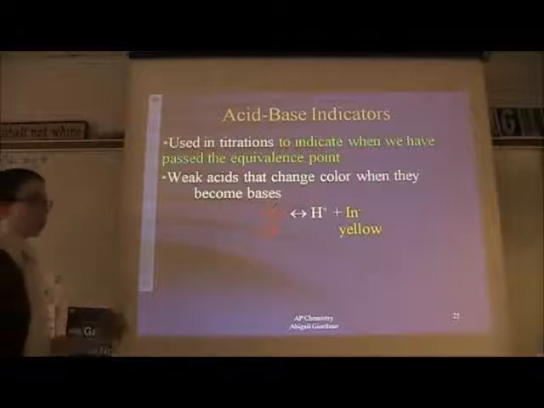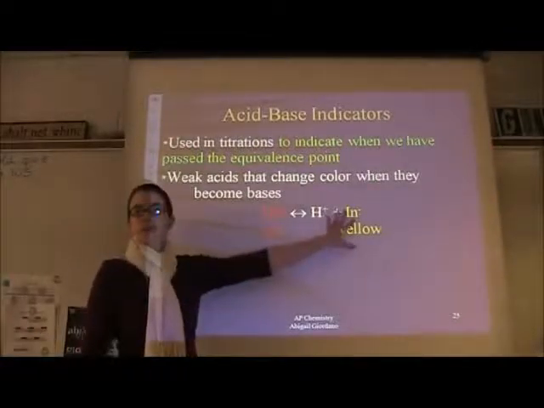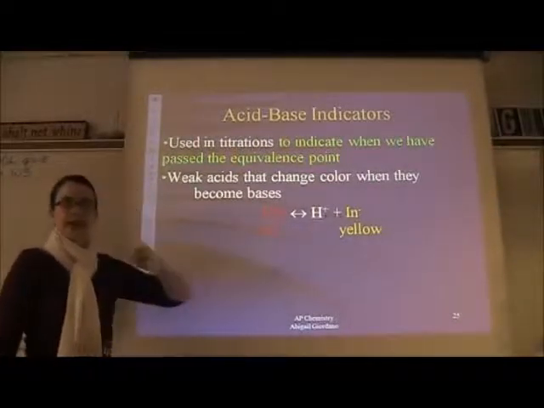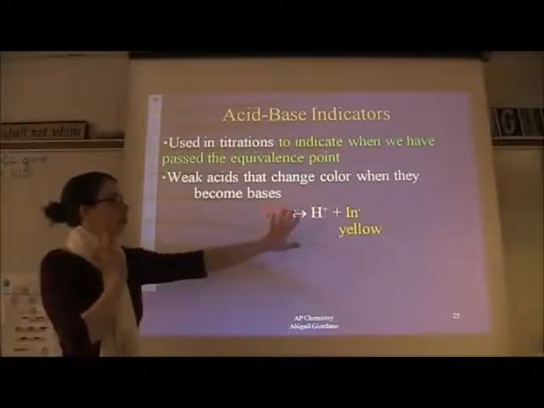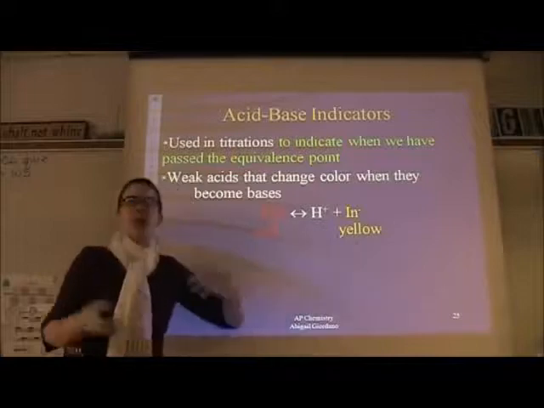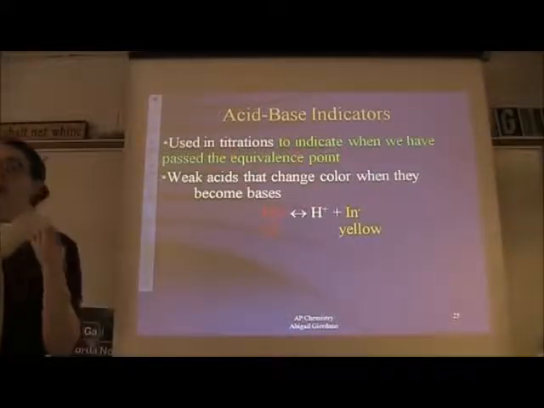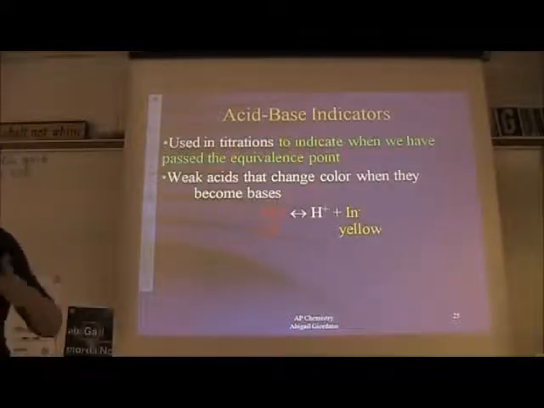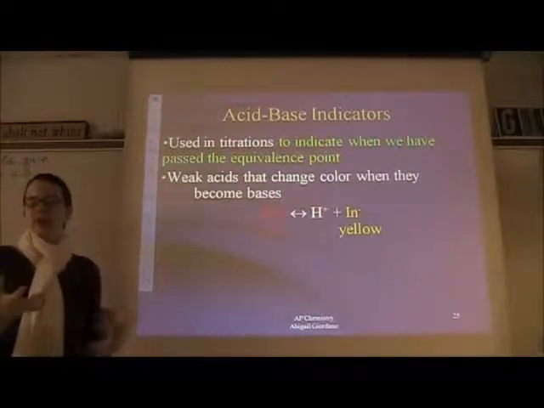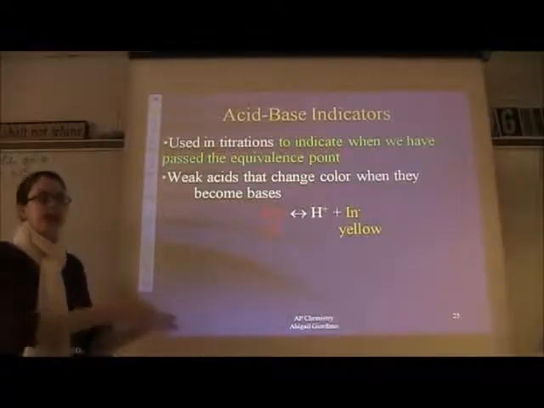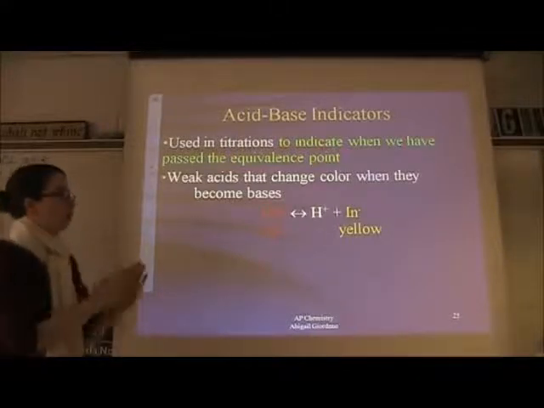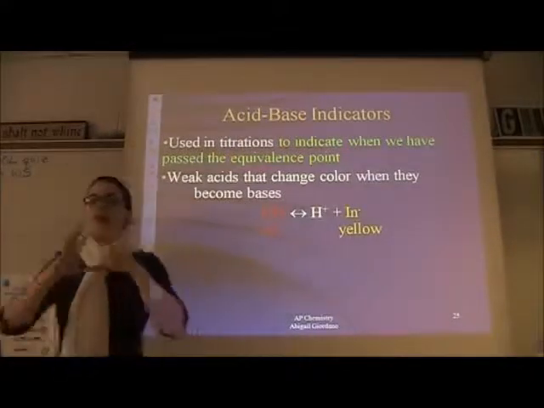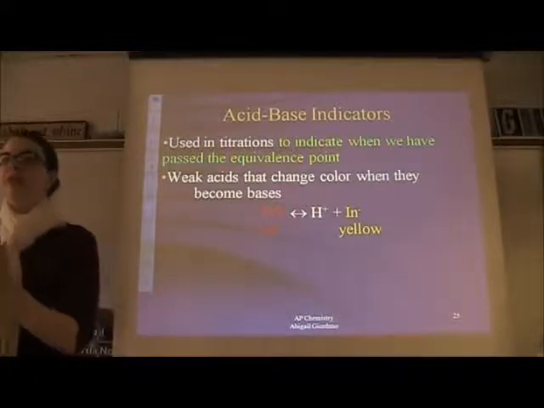They don't dissociate much, but they do dissociate a little bit. And when they're in certain environments, they are compounds that show a color. There are not many compounds on Earth that have a color. Most are clear. But indicators are things that have color to them. Now, what's going to determine what color it is? The pH of the environment that it's in.